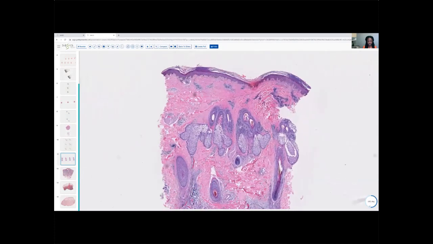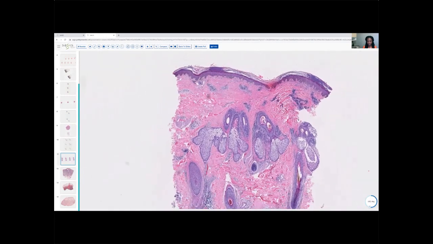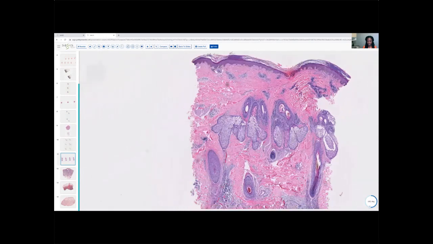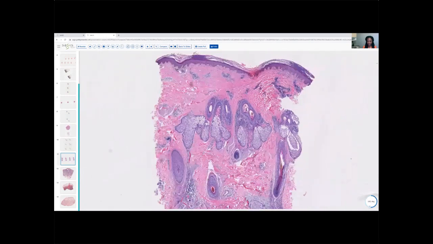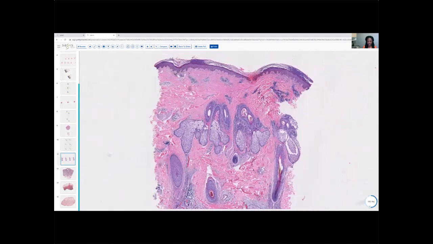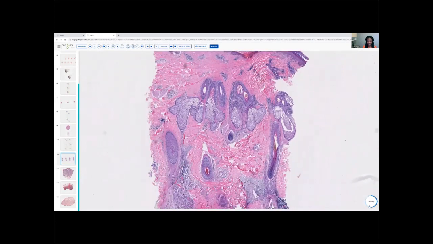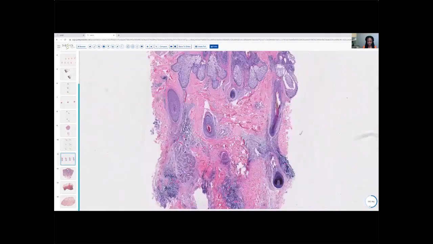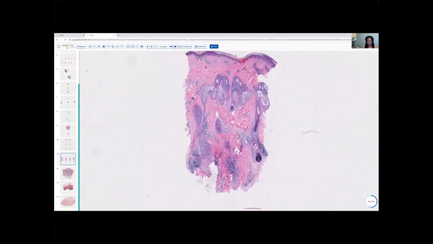And we even appreciate that there may be some basement membrane thickening and even some follicular plugging in one of the examples. And then the inflammation, that perivascular, periadnexal inflammation that is superficial and deep, right? We really appreciate it throughout our specimen. So this is really just a great case of discoid lupus here, which certainly is often more represented in the scalp.